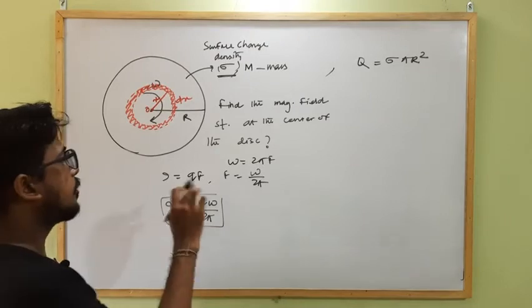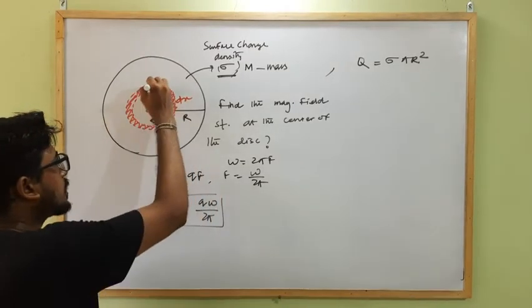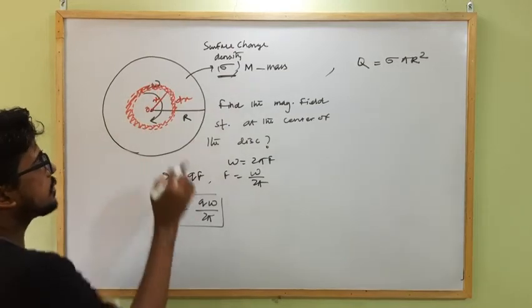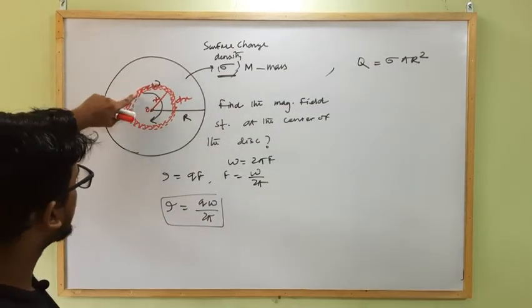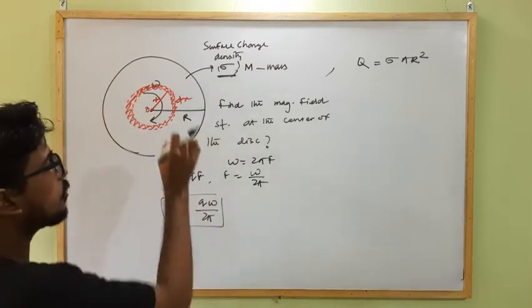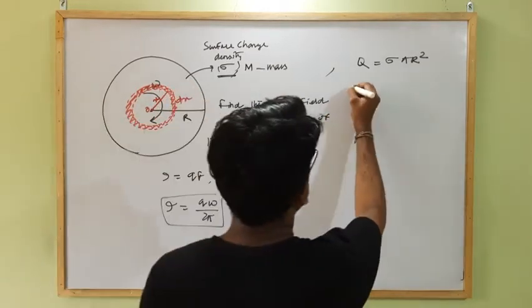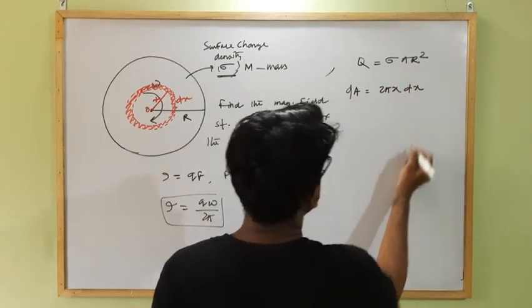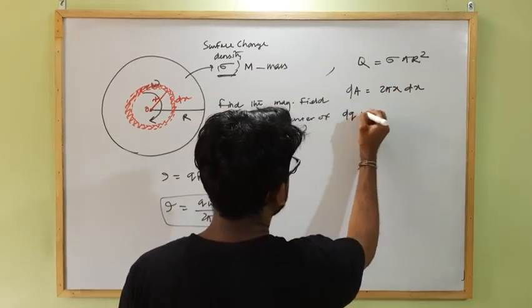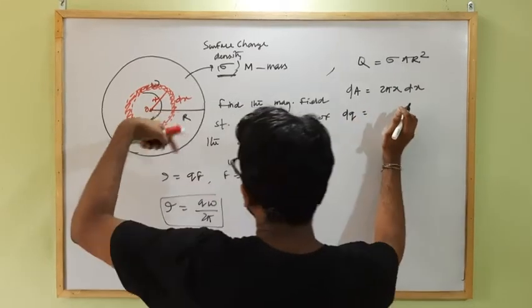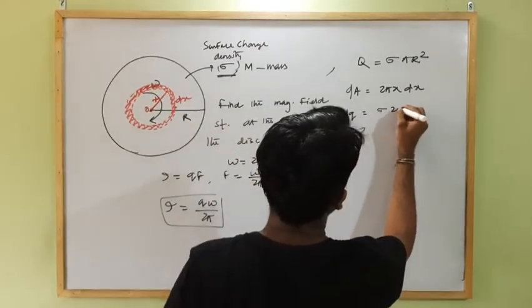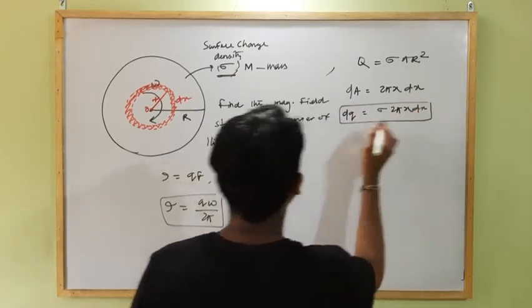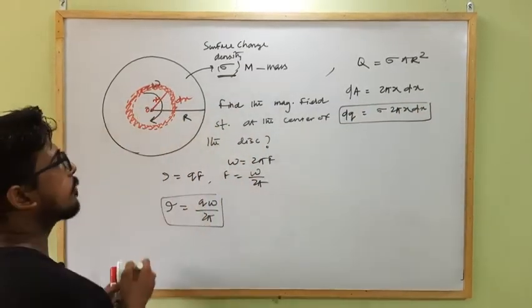Clear? But I want to calculate the charge associated with this small ring. So what is the area of this ring? The radius is x, so the circumference is 2 pi x and the width is dx. So the small area dA will be 2 pi x dx. So the small amount of charge dq equals area into surface charge density, that is sigma into 2 pi x dx. This is the small amount of charge associated with the ring of thickness dx.